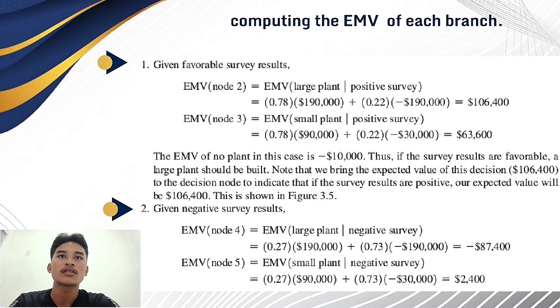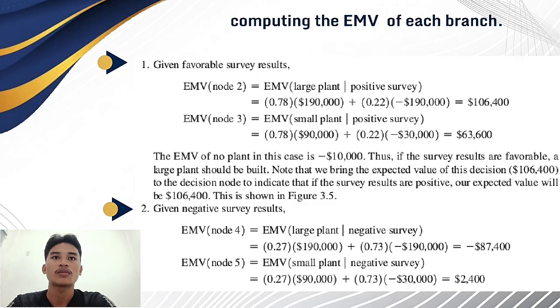So next, computing the EMV of each branch. The EMV stands for expected monetary value. First, given favorable survey results, EMV from node 2. All we have to do is to sum up.